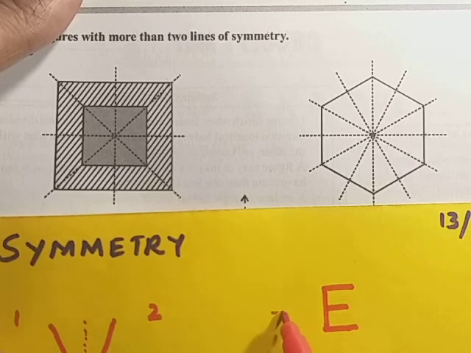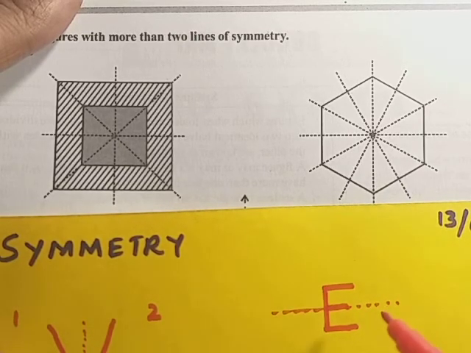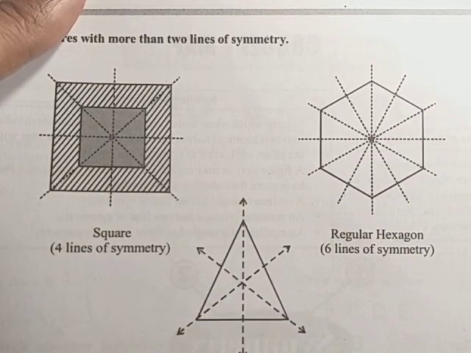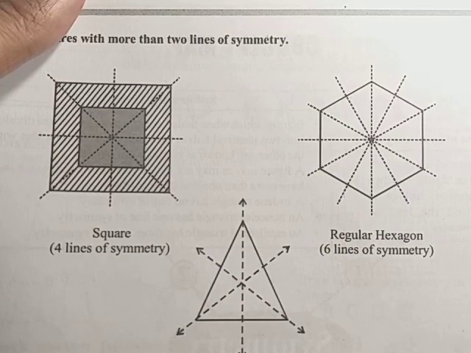If a line is drawn like this, then this can get folded like this and it will give the line of symmetry, and such shapes are called symmetric shapes.